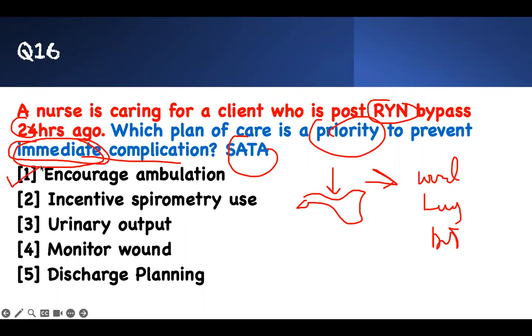Therefore, ambulate, incentive spirometer for lung problem. Urine output, yeah, I'm worried about it, but that's not a major problem for immediate post-op complication. Monitor wound, yes. Discharge planning, lay down. So 1, 2, and 4. It's a big problem.